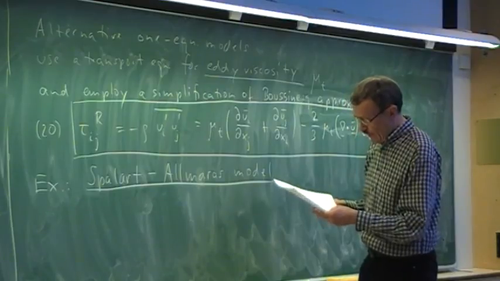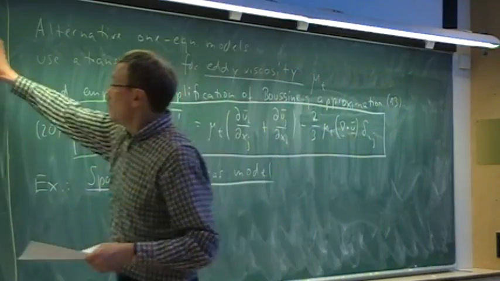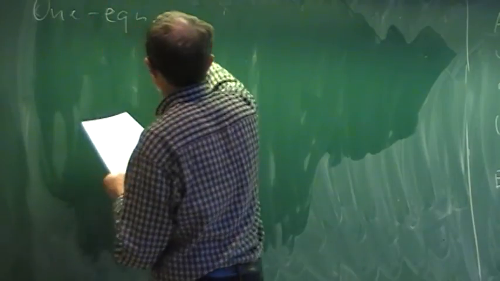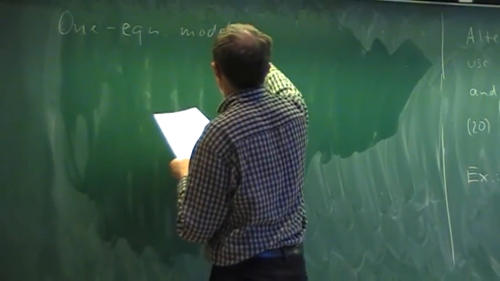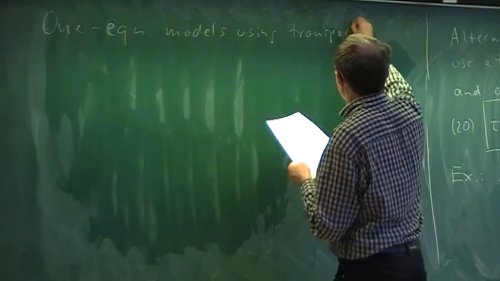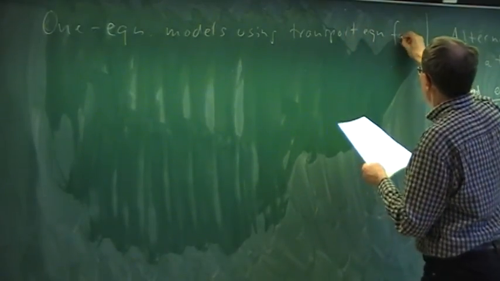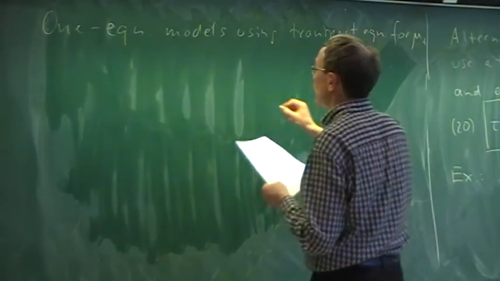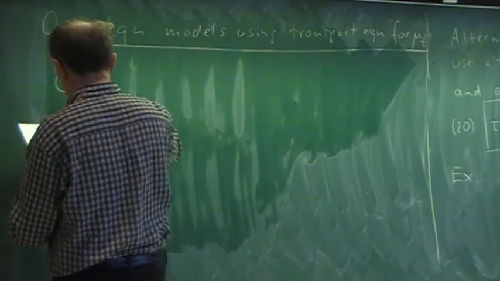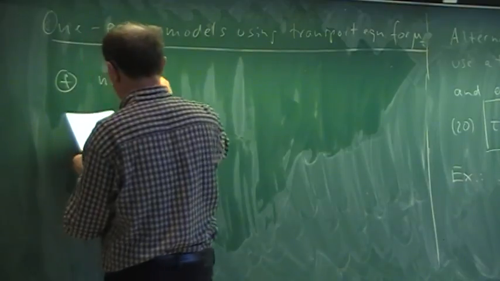So the one equation models using a transport equation for the eddy viscosity, like the Spalart-Allmaras model, have the advantage, as mentioned, that no wall distance is needed.